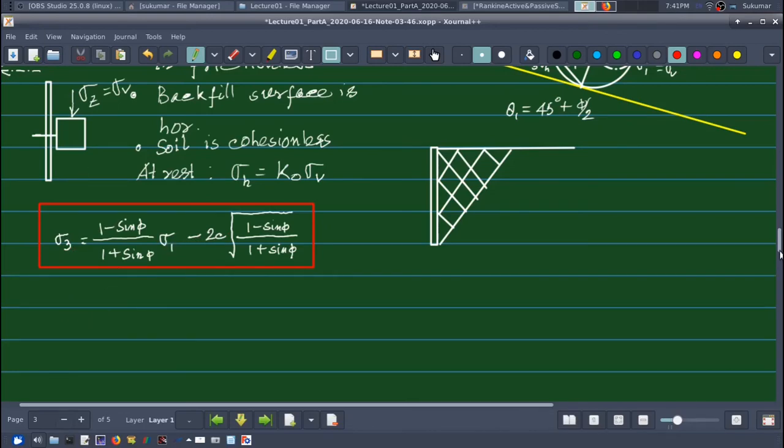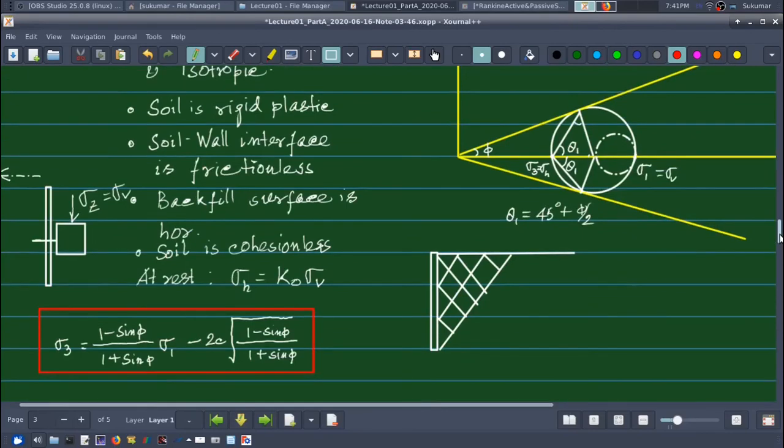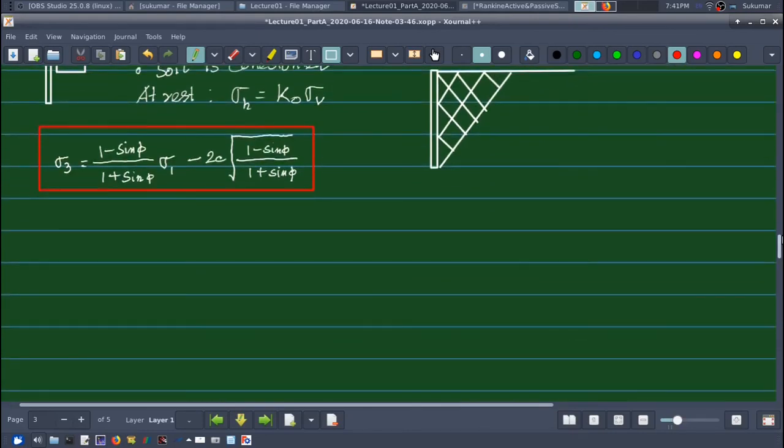As I have already shown you, sigma 3 is nothing but sigma H, sigma 1 is nothing but sigma V. So the relationship between sigma H and sigma V is given by: sigma H is (1 minus sine phi) by (1 plus sine phi) into sigma v.